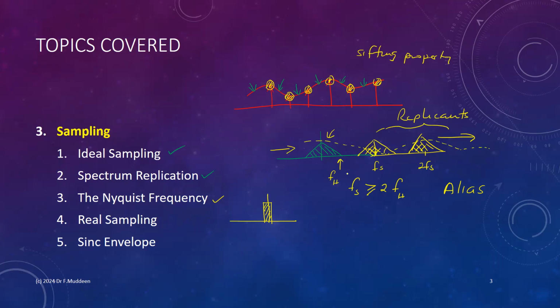In other words, you're getting the replications as we go through, but everybody else now has an amplitude envelope that is generated by the sinc function because the Fourier transform of a pulse in time is a sinc function, right? This is the magnitude of H(jω) here for the pulse, all right?